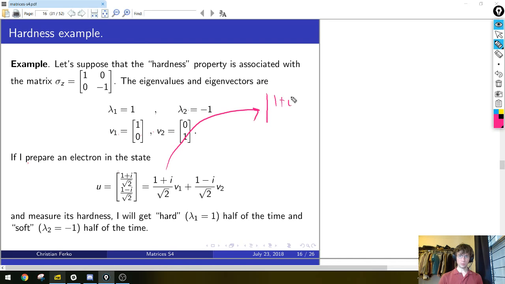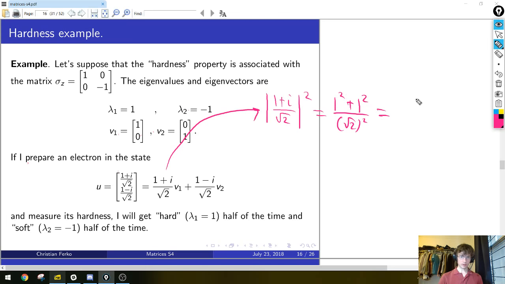So take (1 plus i) over root 2, and take the absolute value squared, for instance. This is always the real part squared plus the imaginary part squared. So this should be 1 squared plus the coefficient in front of the i, which is 1, so 1 squared plus 1 squared, over the square root of 2 squared, right?